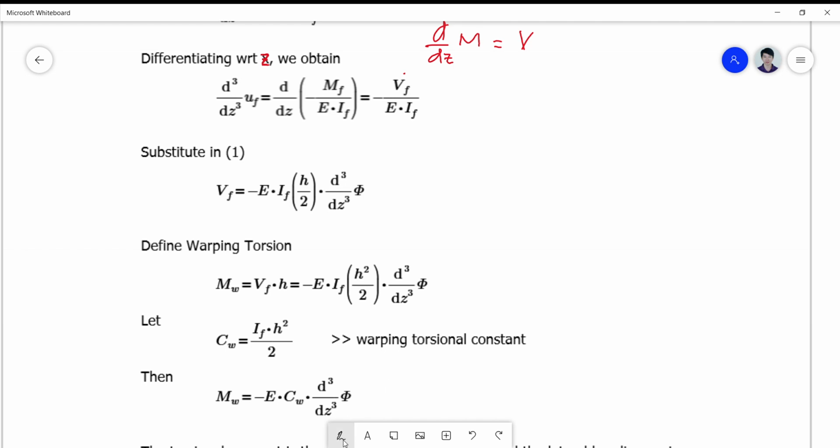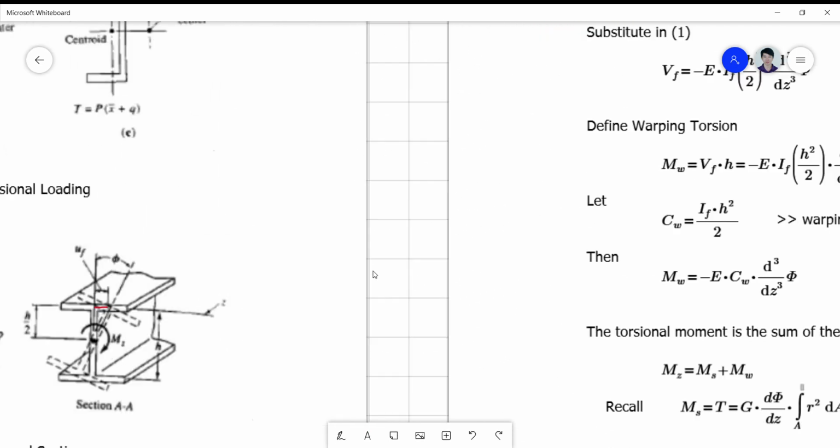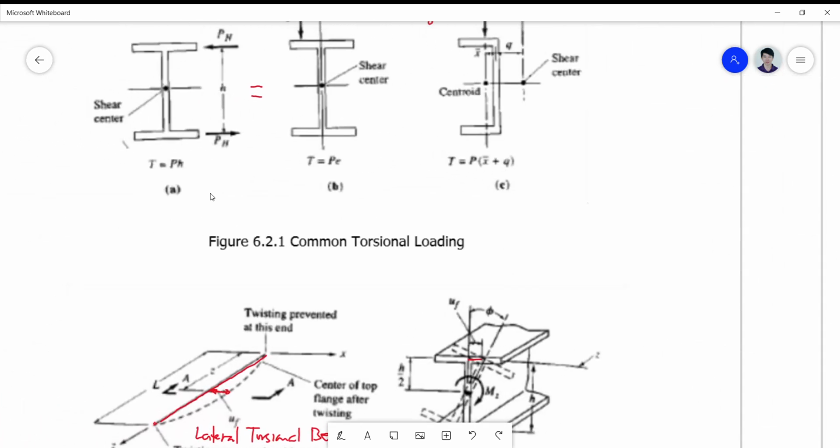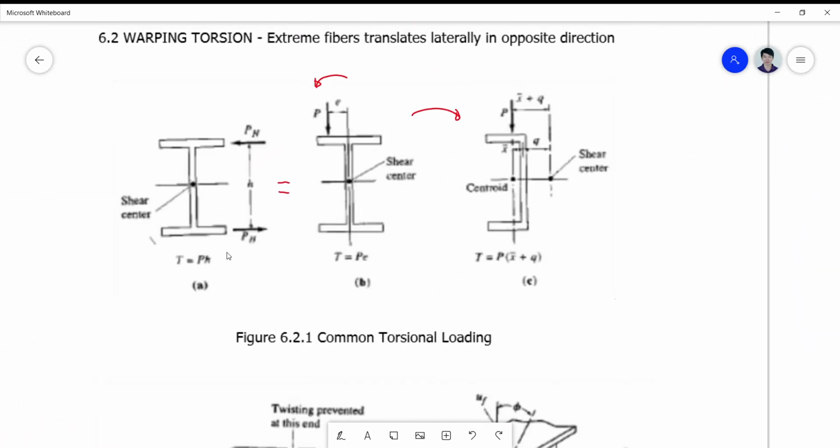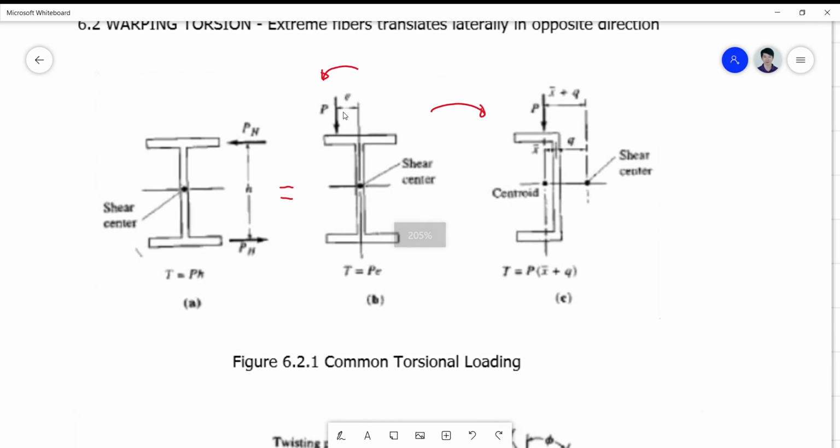Okay, so we have seen in our first figure here that the moment brought about by an eccentric load can actually be transformed into an equivalent system wherein this moment PE represents the couple pH.